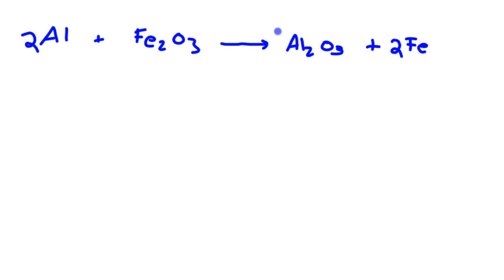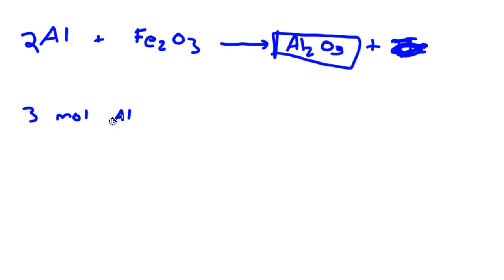So I say let's pick this one, and I'm going to ignore the iron completely. I don't even care about it. I want to focus just on this and do my conversions with this alone. So let's just make up some values really quickly. Let's say I have 3 moles of aluminum and 3 moles of my iron 3 oxide, or more commonly known as rust.